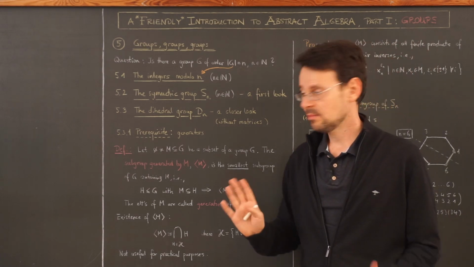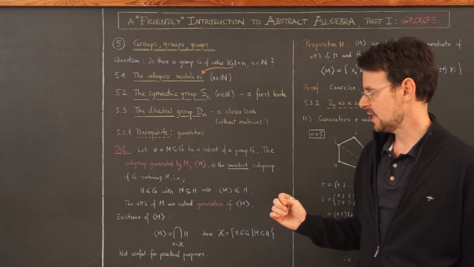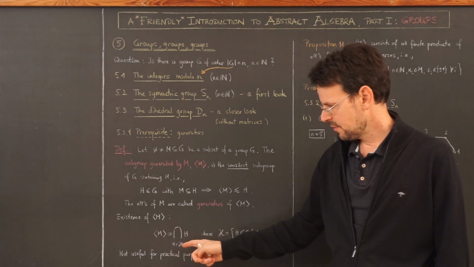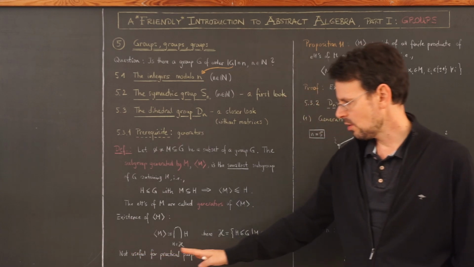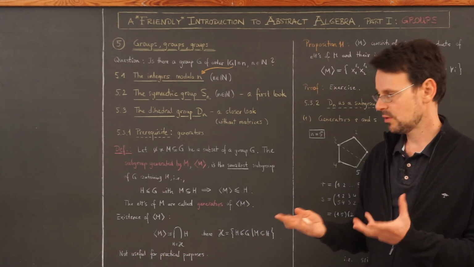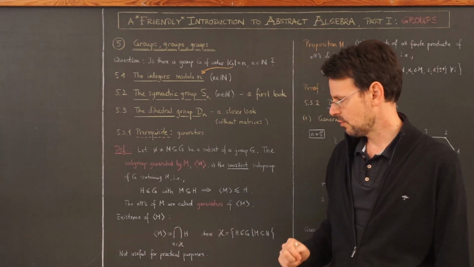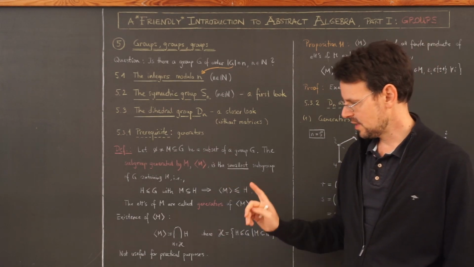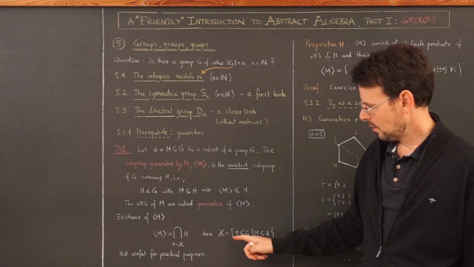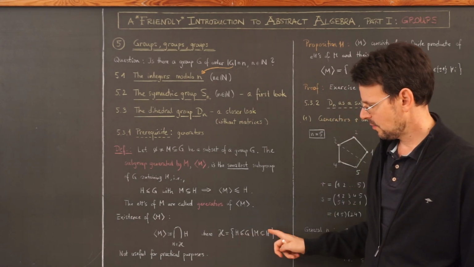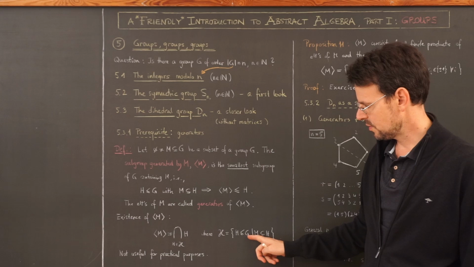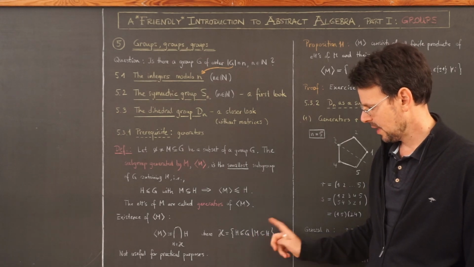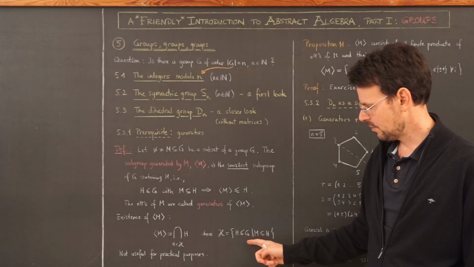Now, does this subgroup always exist? The answer is yes. This is a rather abstract definition and is not useful at all for practical purposes, if you want to really work with this subgroup generated by a set, but it shows that clearly this exists. What do we do? We take all the subgroups of G that contain this set M. This is clearly a non-empty set.